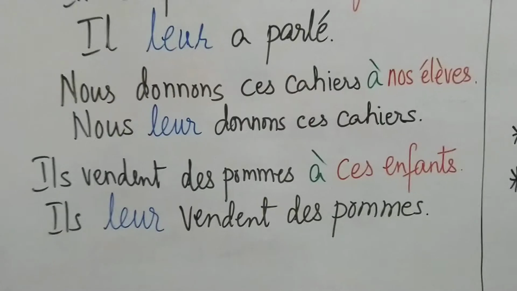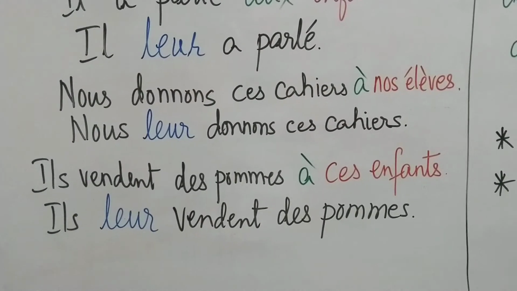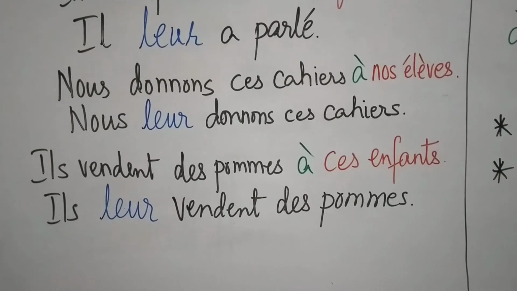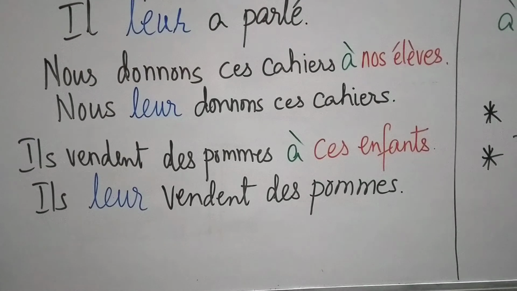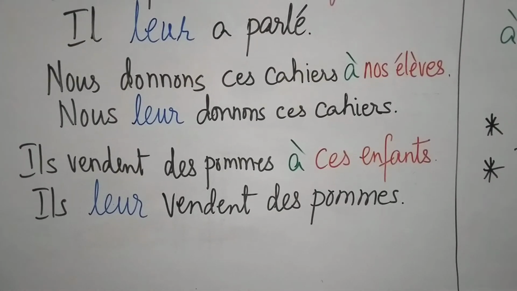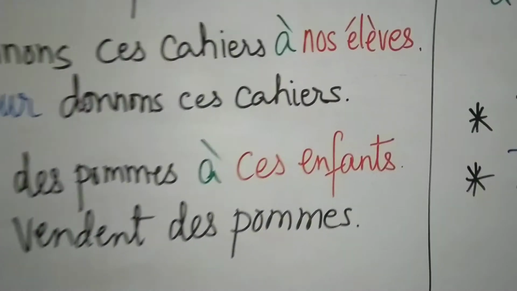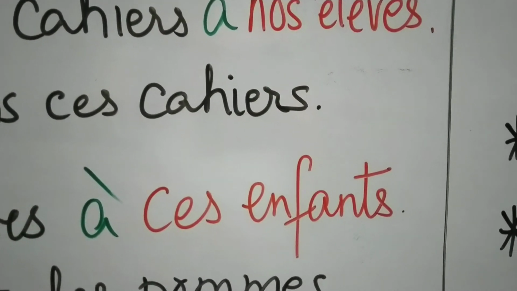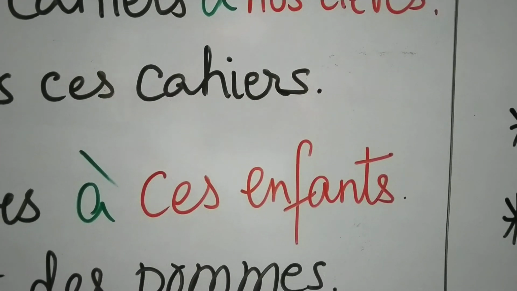And the last example, ils vendent des pommes à ces enfants. They sell some apples to these children. Here the verb is vendent. The noun to be replaced is à plus the demonstrative adjective plus the noun.